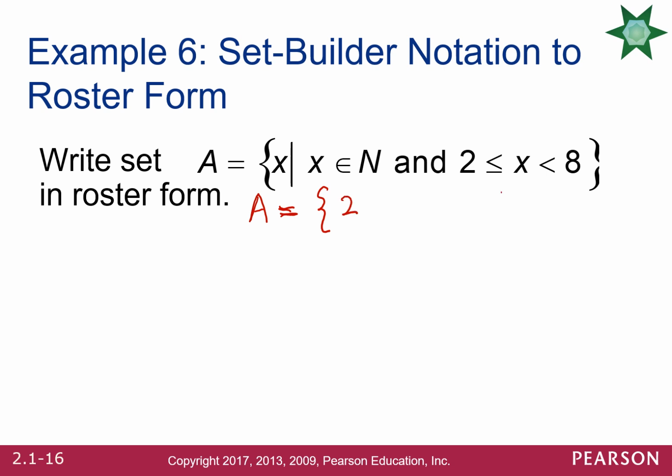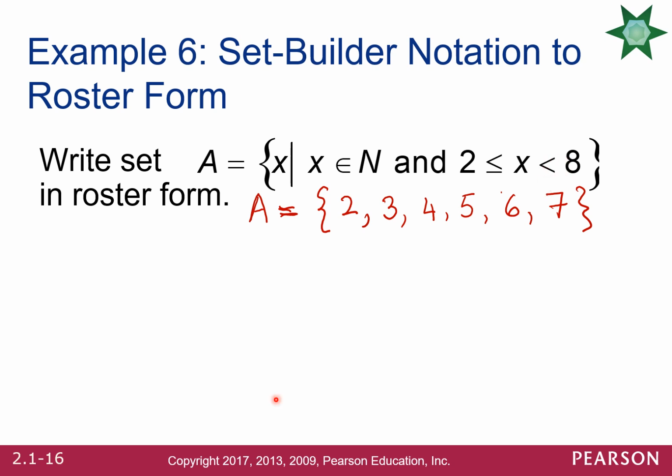It would be 2. 2 is included because of the less or equal to. 2, 3, 4, 5, 6, and 7. And we stop at 7. 8 is not included in the set because there's no equal to sign with the less than.